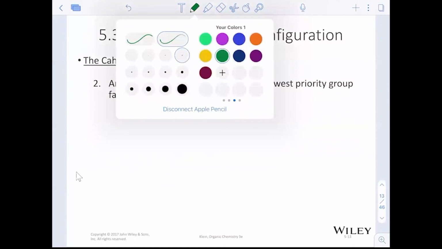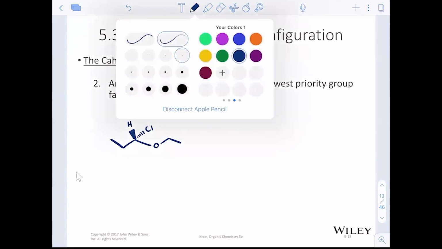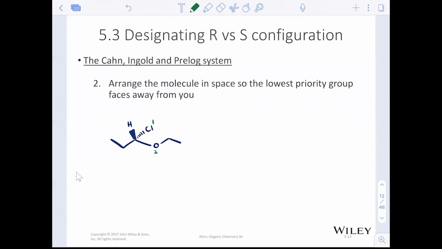Step number 2 is to arrange that molecule in such a way, and I'm going to give us room over here, arrange that molecule in such a way that the 4th priority group is in the back. So let's just get this guy on the paper. And what I want us to think about here is really trying to understand how we can rotate.